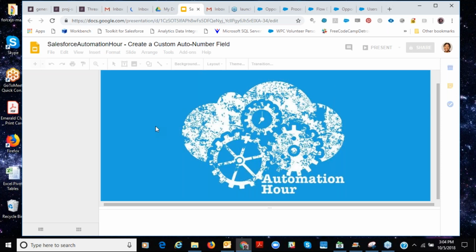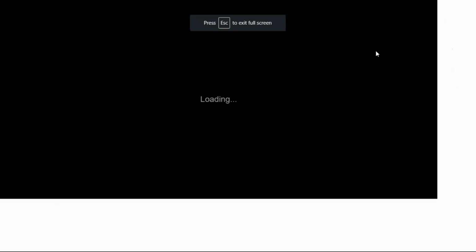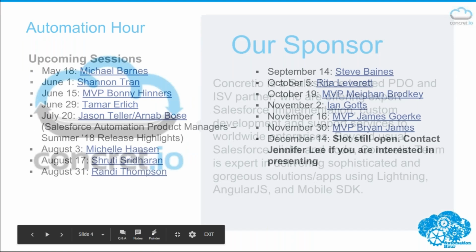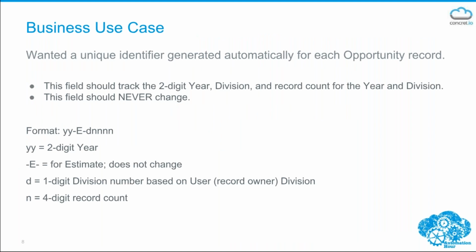So what I wanted to show you today was how we came up with a solution for a custom auto number field. What happened was the client started out with an auto number field to keep track of records based on a bid due date.